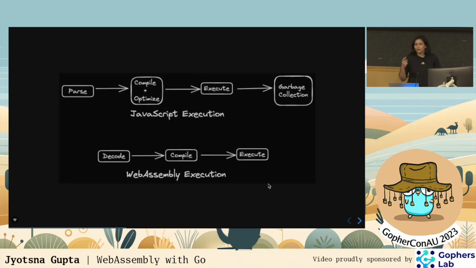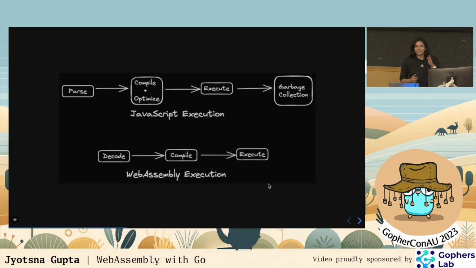And if you really want to understand the performance of JavaScript versus WebAssembly, this is how the traditional workflow of JavaScript looks, the top one. And the latter one, WebAssembly's execution, is a bit more streamlined. Let's go to the JavaScript one.